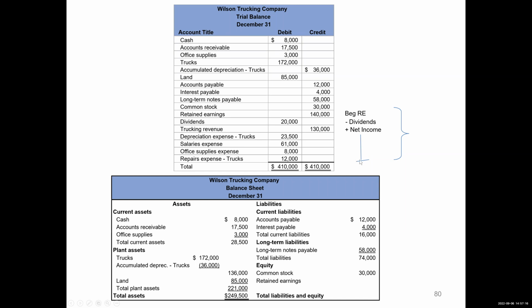So this together will be our ending retained earnings, right? Because these are all your temporary accounts, and we just haven't closed them yet. So that's why this retained earnings is the beginning. But if you net that all together, it's going to come out to 145,500. Okay, so all that netted together, ending retained earnings is 145,500.